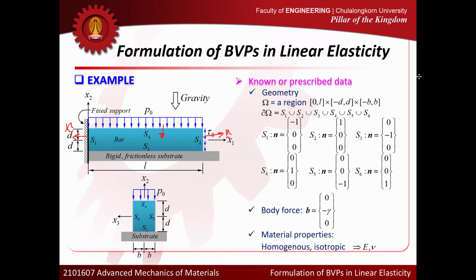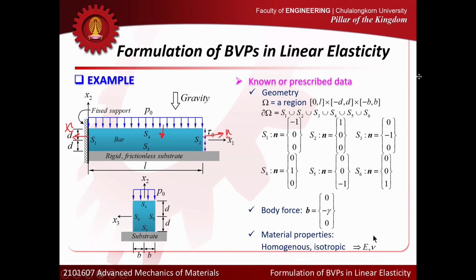In this problem, I gave you two constants. Keep in mind that in your formulation, you have to express the constitutive law in terms of these two constants, because these are given information.